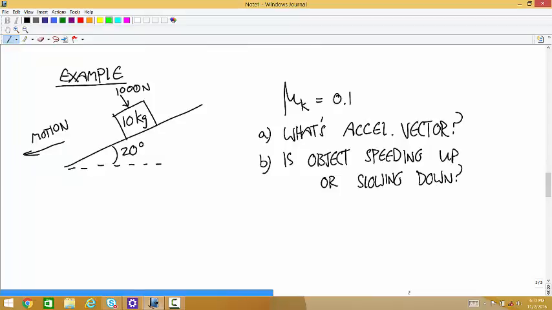The coordinate system we're going to use has the y-axis pointing out of the surface like that. And so the x-axis has to be this direction. If it was the other direction, it would be violating the rules of coordinate systems that we talked about.